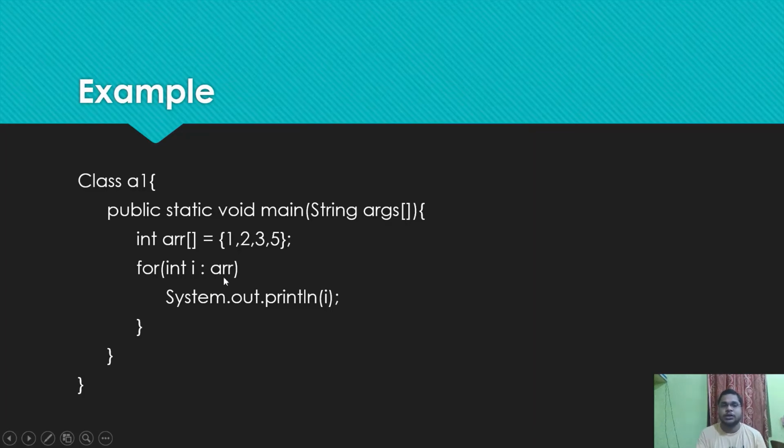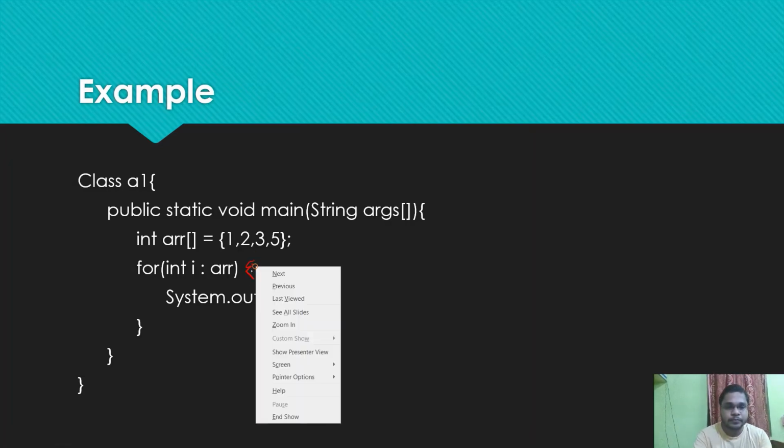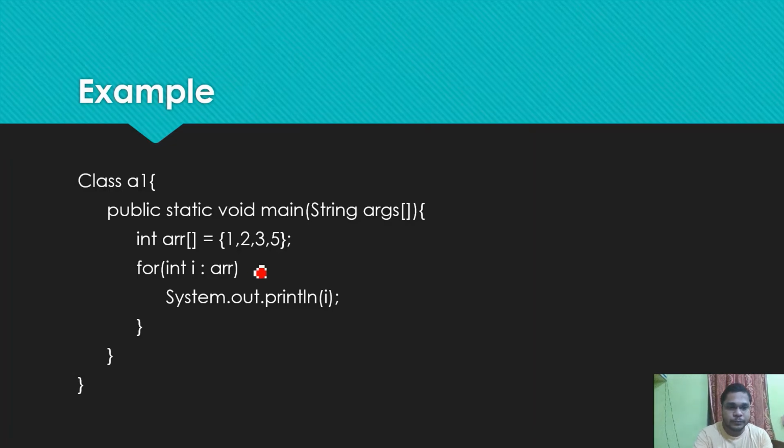So what does it do? In the first iteration, the array's first element is stored in the i value. In the second iteration the second array element is stored in i, and similarly the whole array will be traversed. And here I put System.out.println(i), i is my variable name. So whatever the data inside my array, that will be printed.